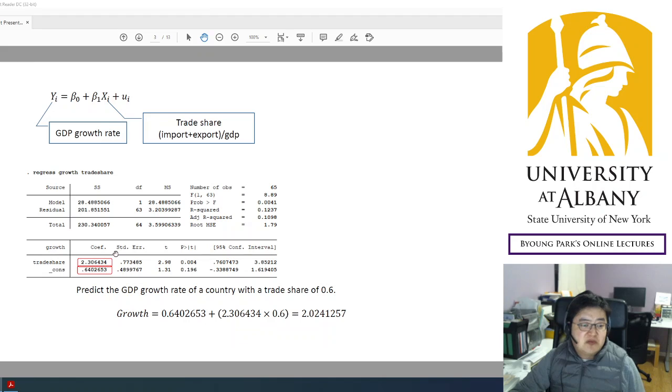So for example, suppose that there is a country whose trade share is 60%, 0.6. And then what would be the GDP growth rate for this country? And you can calculate just the prediction. You can just predict using this regression equation.